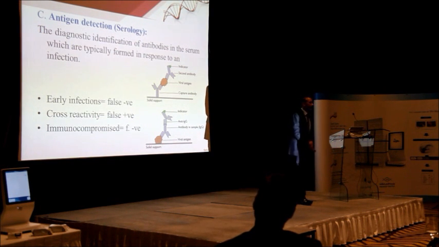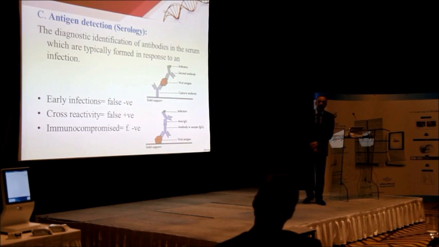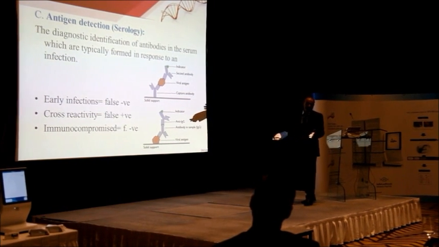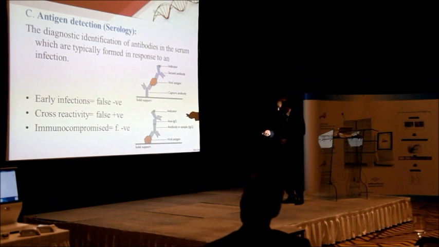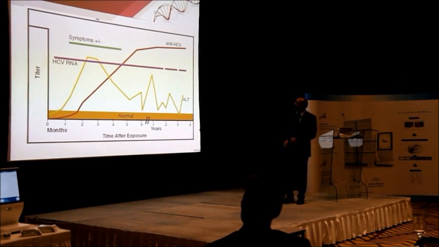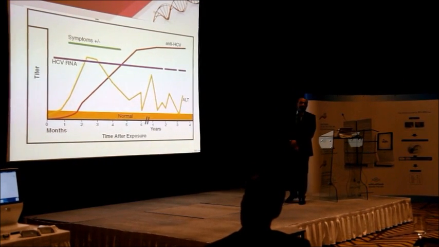Immunocompromised or immunosuppressed patients may have little antibody, so they sometimes give you a false negative. This is another problem with ELISA.